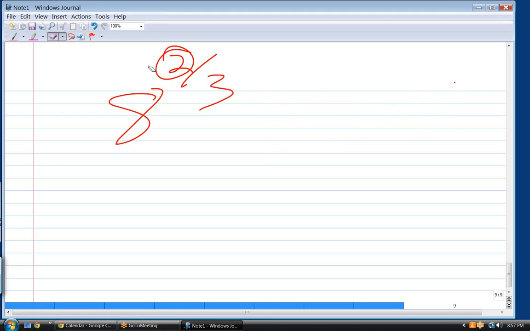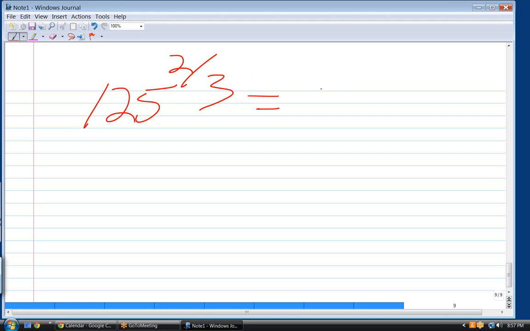And like I said, they're always going to give it to you where this root is a whole number and a small number. They're not usually going to give you this, because most people don't know the cube root of 125. It happens to be 5, so that would be 5 squared. But they're just not going to give you numbers this big.